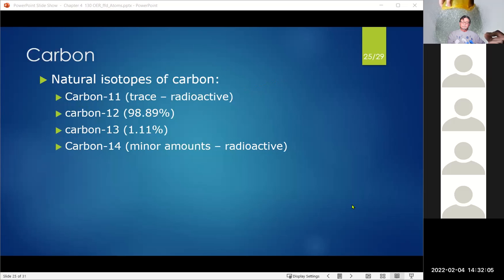Now, I explained briefly before why the atomic weight is a decimal number, because it is the average of these four whole numbers, okay? Carbon 11, carbon 12, carbon 13, carbon 14.